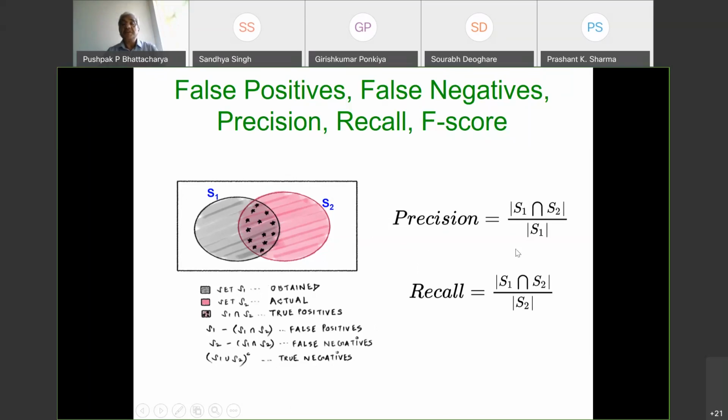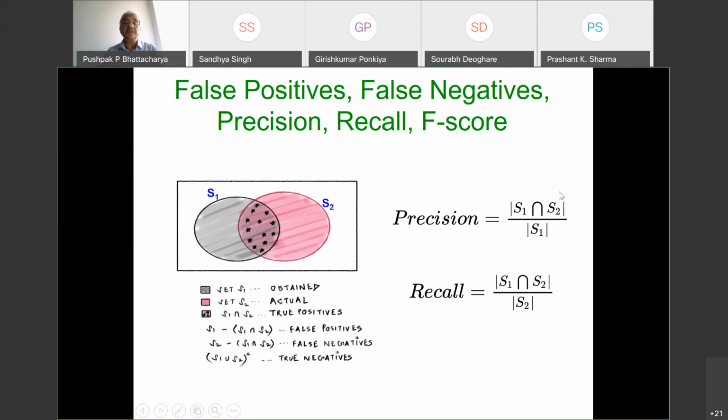Now, the precision is obtained by S1 intersection S2 divided by S1. The true positive divided by the size of S1, and recall is S1 intersection S2 divided by S2, which is actual. You can also see that this whole set S1 is nothing but the intersection region and the half moon region. So this is actually true positive plus false positive.